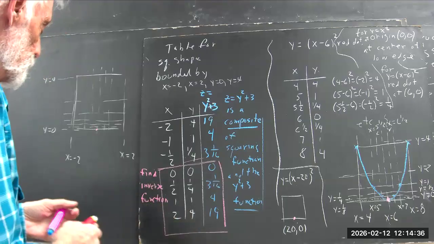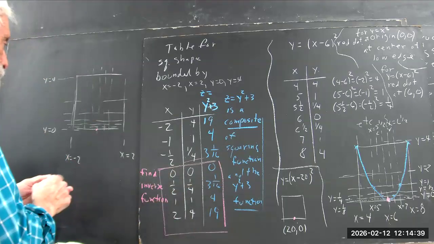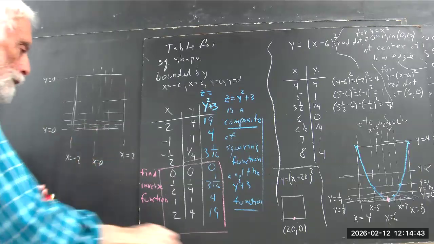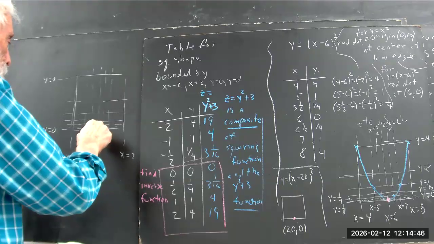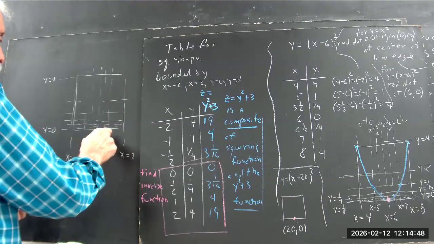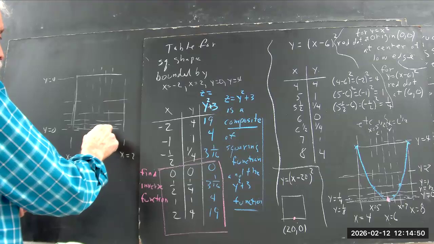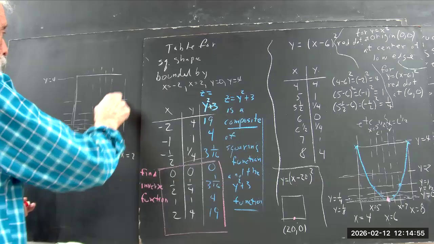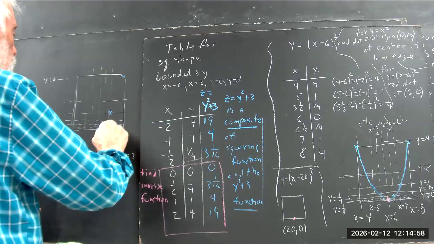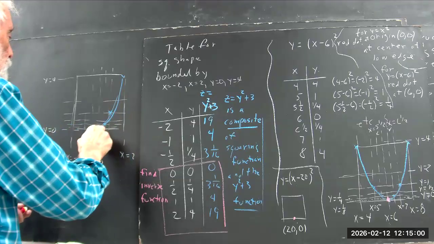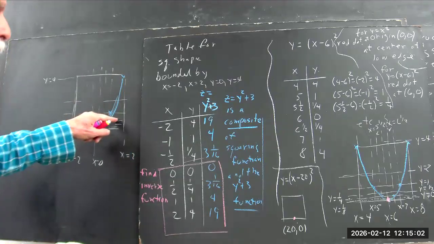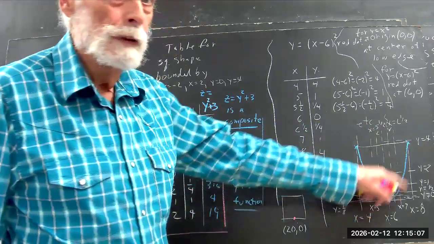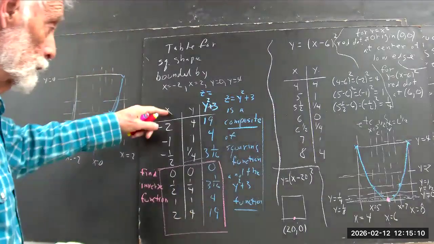Just taking these points, 0, 0, well, that's x equals 0, y equals 0, and that's right here. Then x equals 1/2 and y equals 1/4 is right here. And the next point is here, and the next point is here. I'm not drawing this very well, but right there's my curve. It's just the right-hand half of a curve like this, right? Because I've excluded all this.